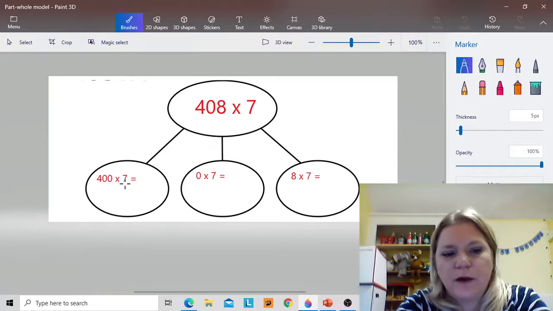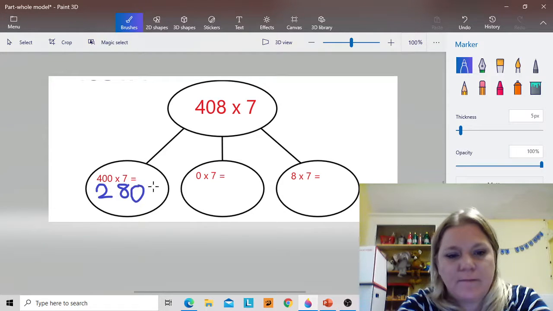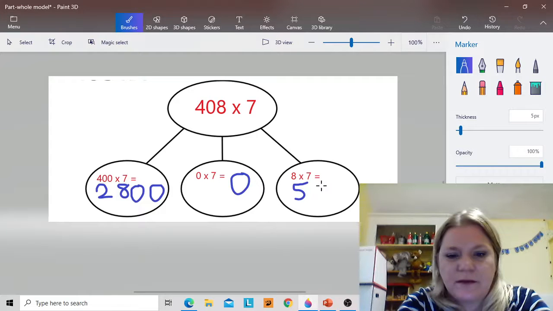Now, if we know what 7 times 4 is, which is 28, 7 times 40 would be 280, and 7 times 400 would be 2,800. 0 times by 7 is 0, and 8 times by 7 is 56.